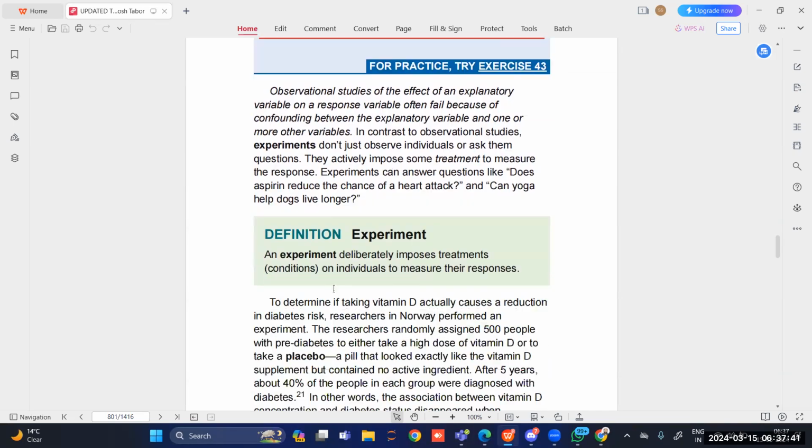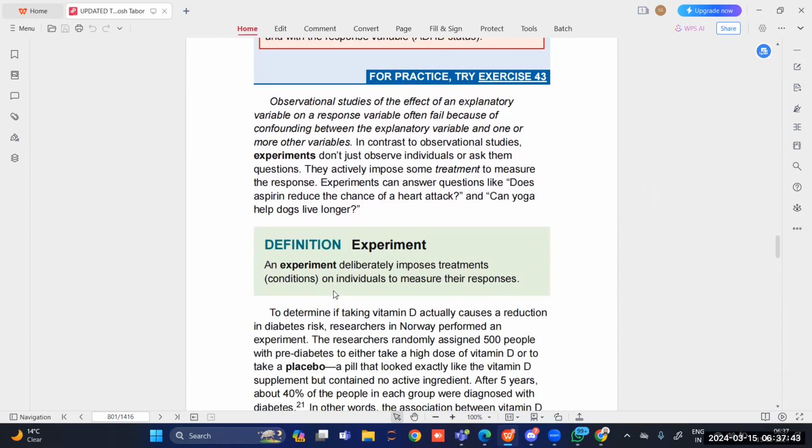Okay, so now we come on to this. Observational studies of the effect of an explanatory variable on a response variable often fail because of confounding between the explanatory variable and one or more other variables. In contrast to observational studies, experiments don't just observe individuals or ask them questions.